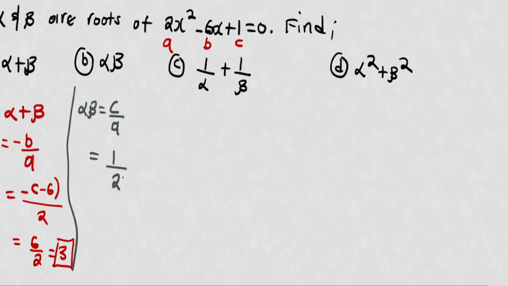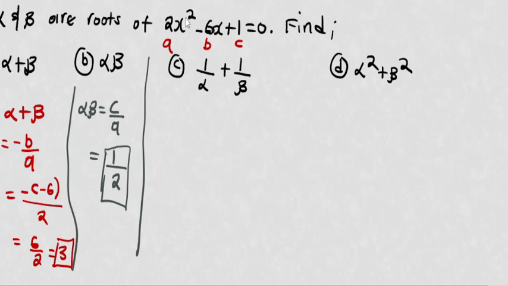So alpha times beta is just 1 over 2, or you can leave it as 0.5, but I would prefer leaving it as a fraction. So we get 1 over 2 as our answer there. Those are formulas we can use to find that.